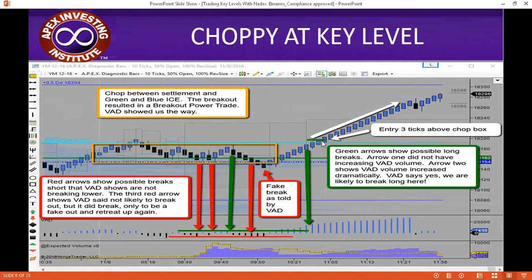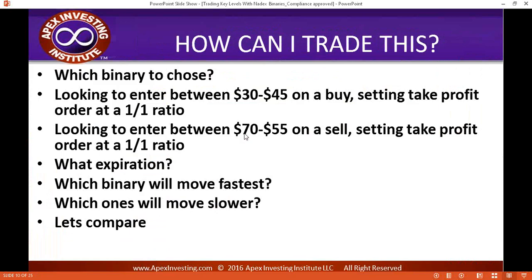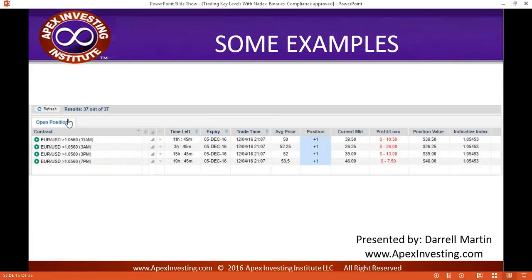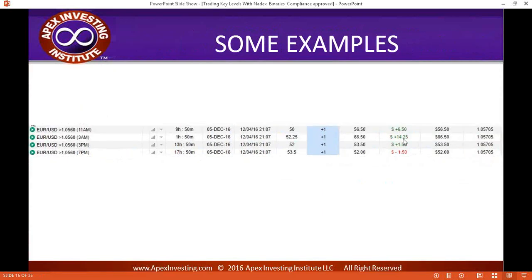I don't want to wait 7 hours for an expiration, or 7 hours for the binary to move in value, because after 7 hours, that market could go the other way. This trade setup, when the market moves, it normally moves quick. So I don't want just 10 or 15 minutes, but I don't need 3 hours either. Because if I go too far out, it's going to move slow on me, just like this. Do you see that, guys?